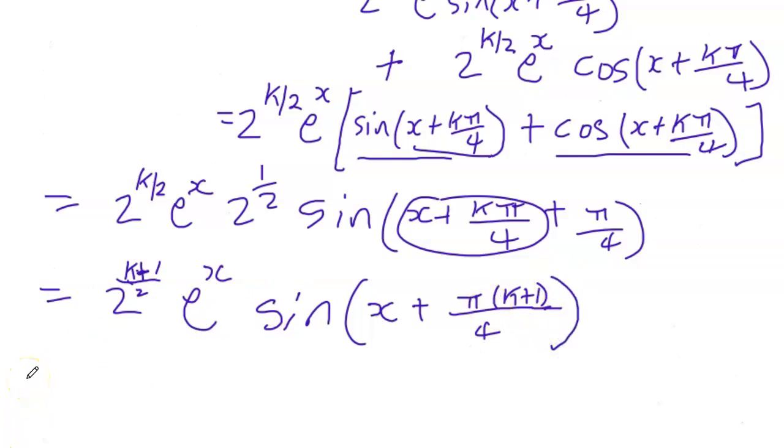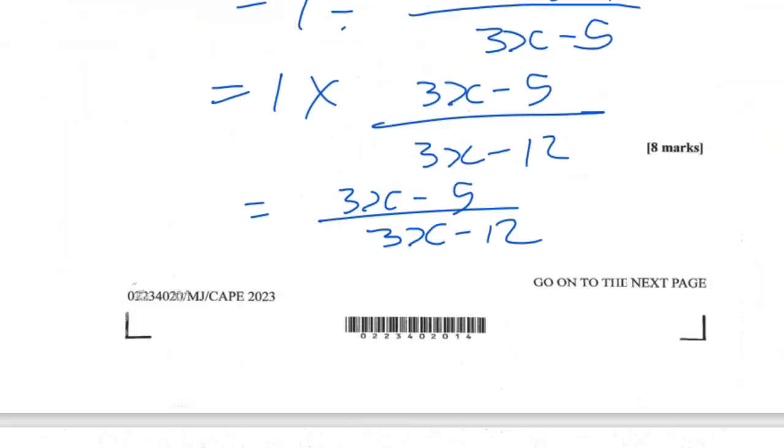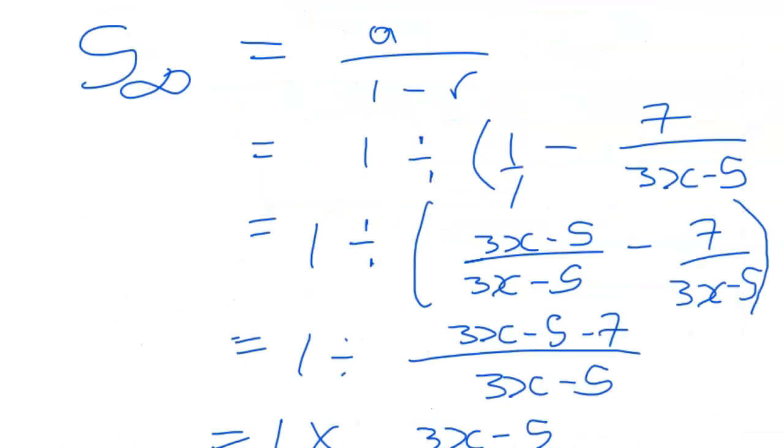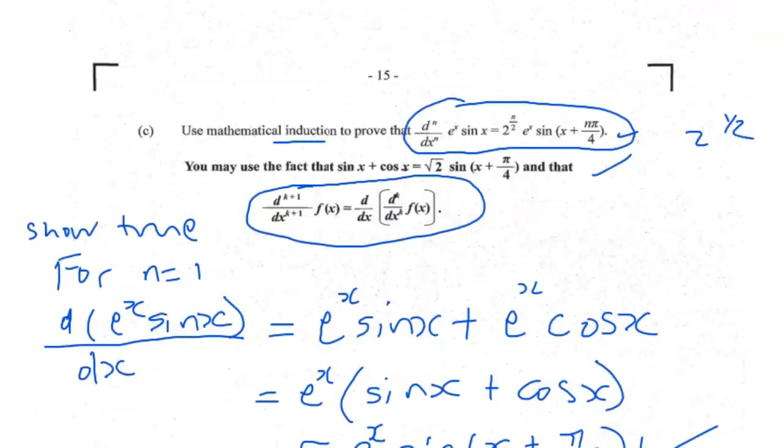Now let's check if this corresponds with what the formula said that we should get. Based on the formula we are given, let's replace n with k plus 1. If you replace n with k plus 1, this would be d to the k plus 1 over dx to the k plus 1 of the function e to the x sine x.